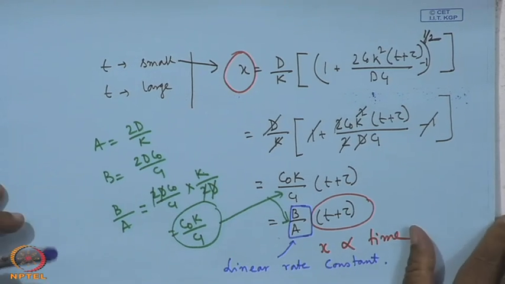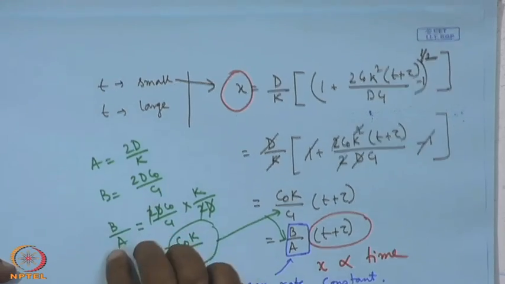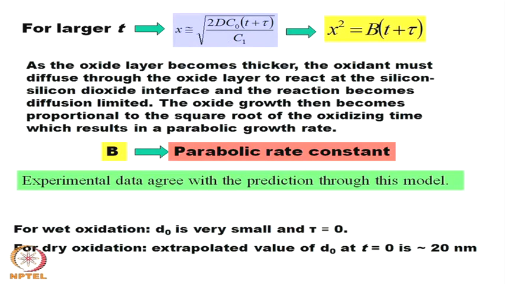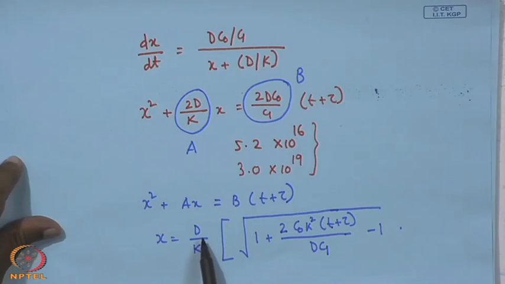Okay. Next is what happens when t is large. When t is large, it is very straightforward. For larger t, this is the expression that we obtained for x, and when t is large, basically it is the square root of this thing.